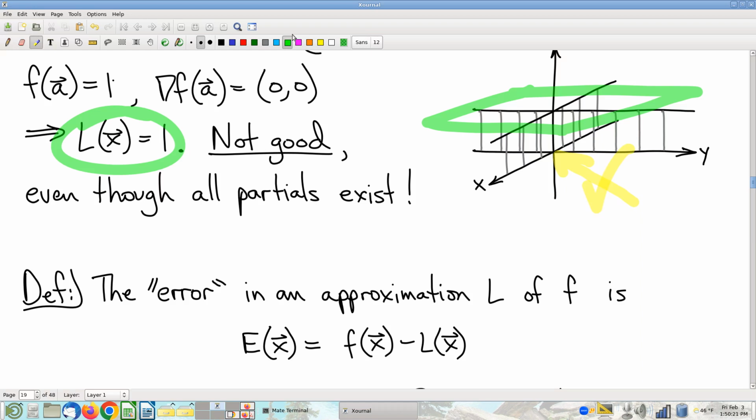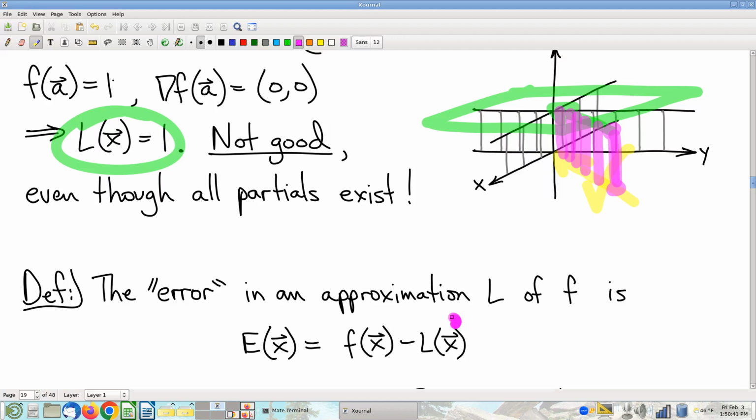These approximations, as I do the same thing, are 1. And that error, the difference between the approximated value and the actual value, stays large all the way toward the origin.